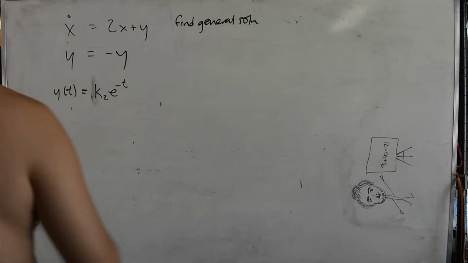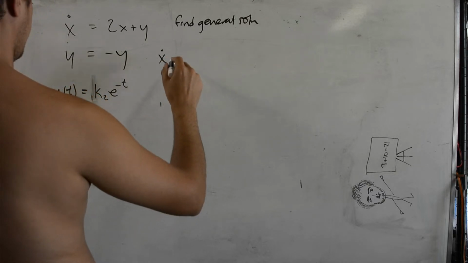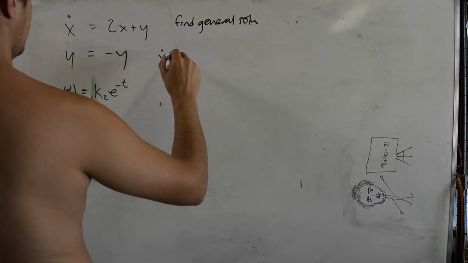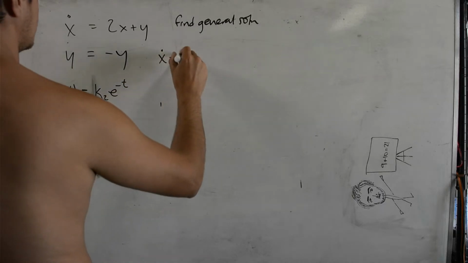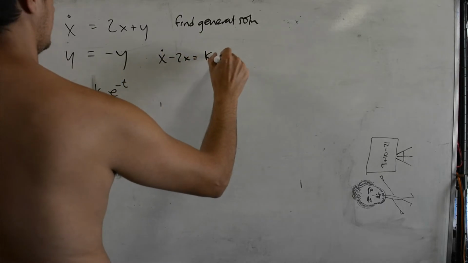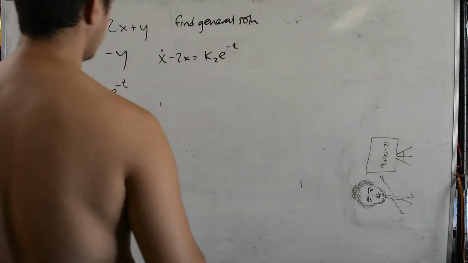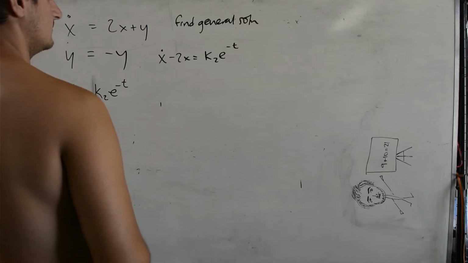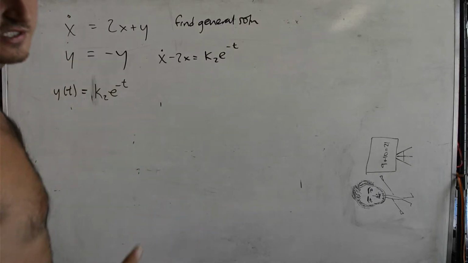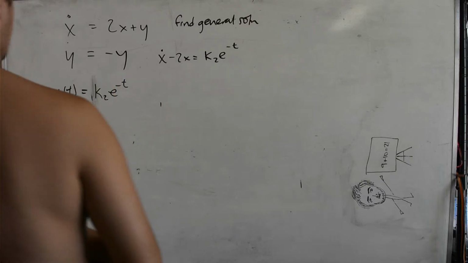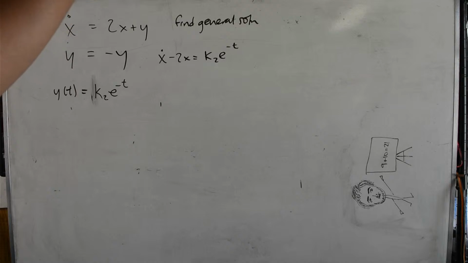Next we go, x dot minus 2x is equal to k2 e to the minus t. So we have sort of 2 methods to solve these linear non-homogeneous differential equations.